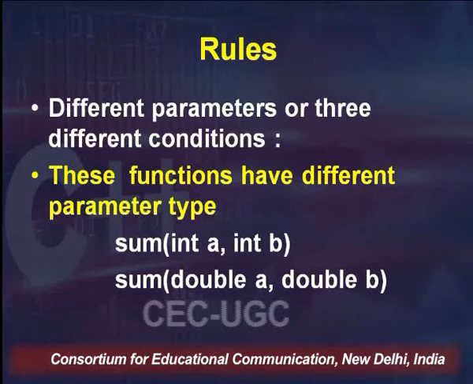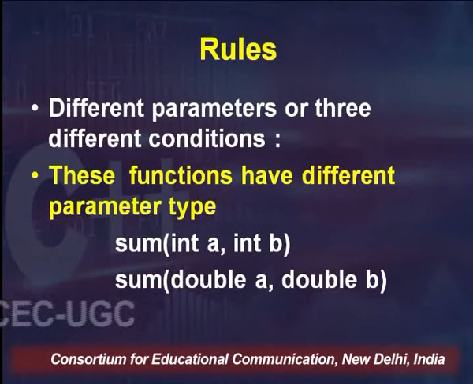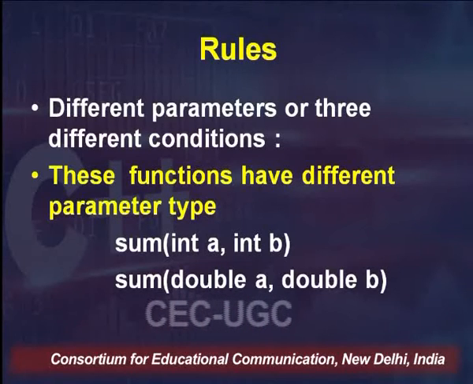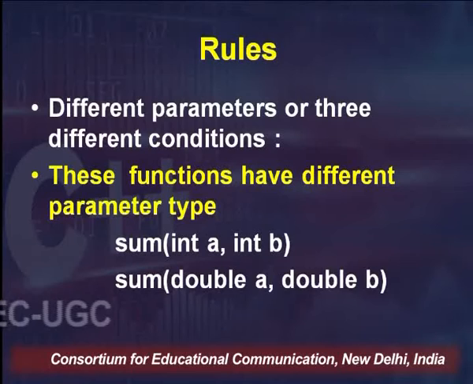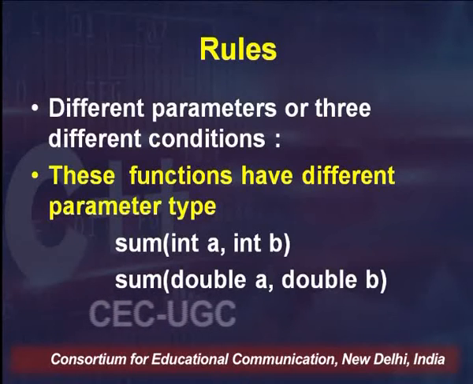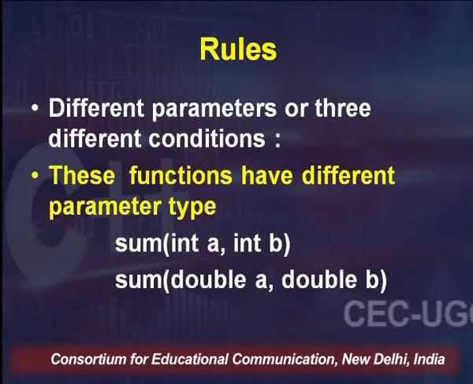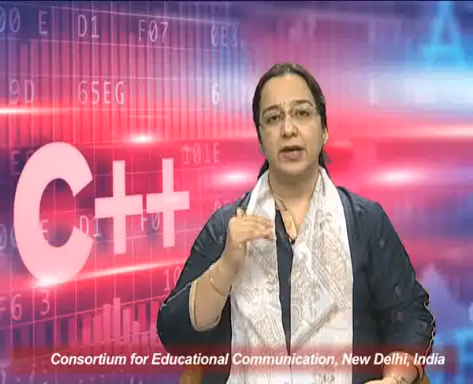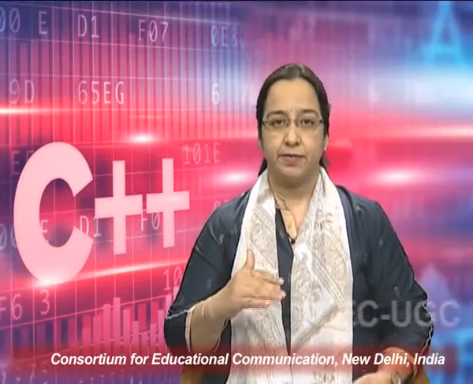For example, as given on the screen, you can see sum integer a integer b, and the second says sum double a and double b. What is the difference between these two? It is only the parameter type. There are two parameters of the same kind, but one call has integer parameters, another call has double parameters.